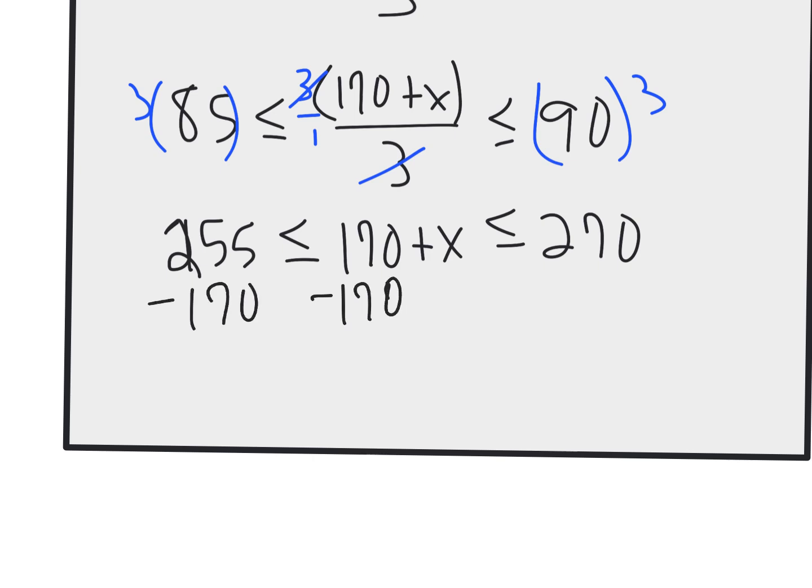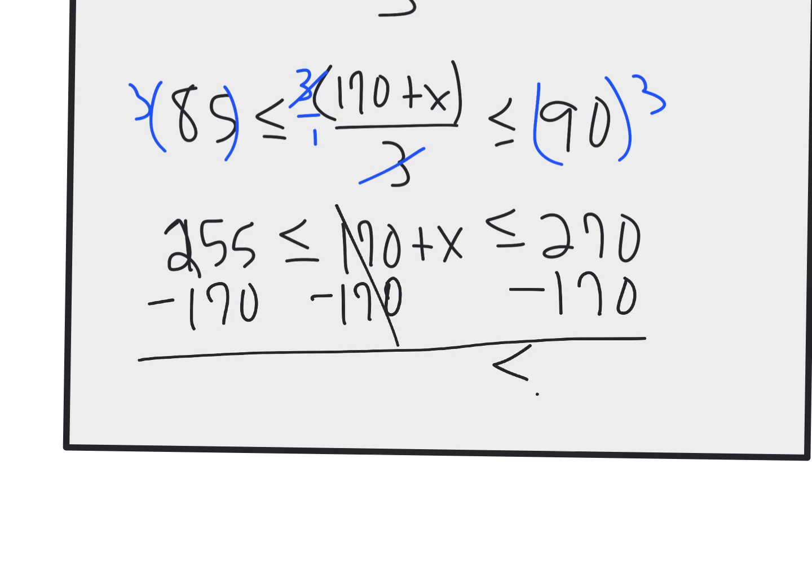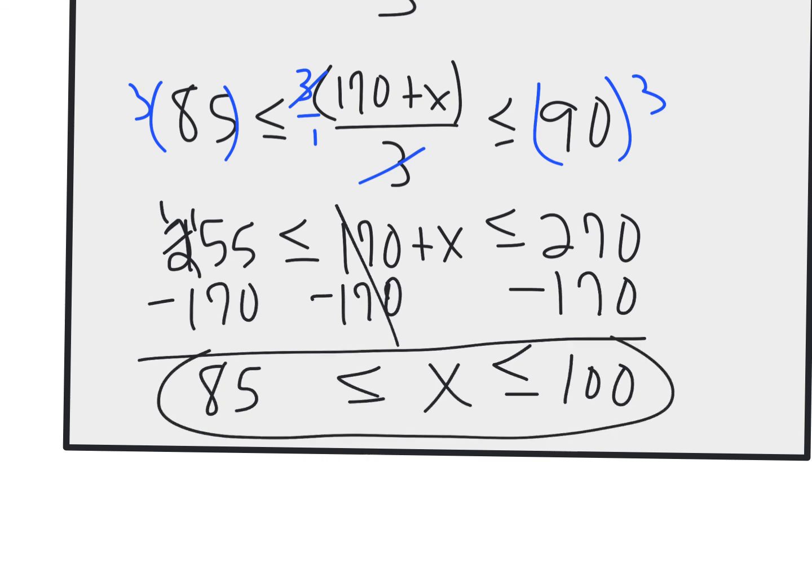They're adding, so we can subtract 170. And then we could figure out that we could get between an 85 and 100 inclusive in order to get that average of between 85 and 90.